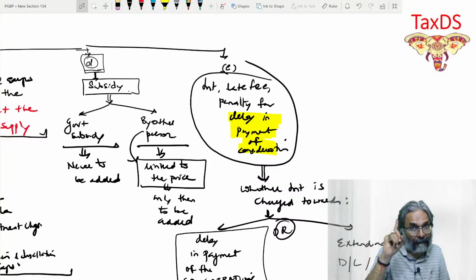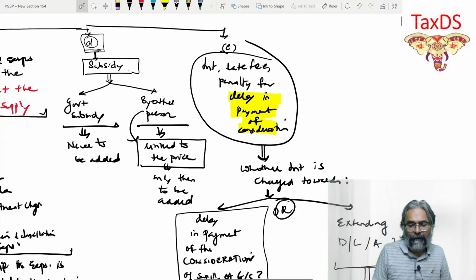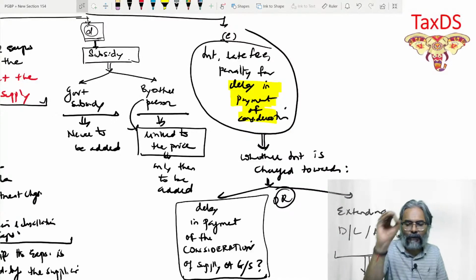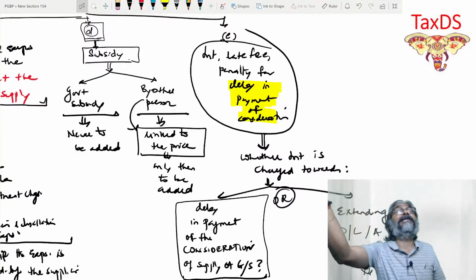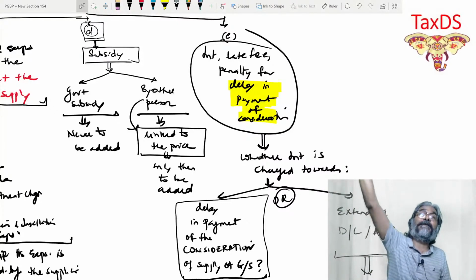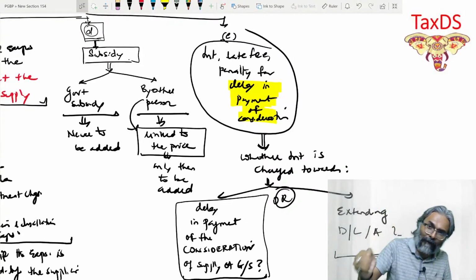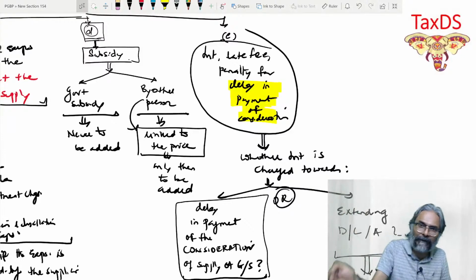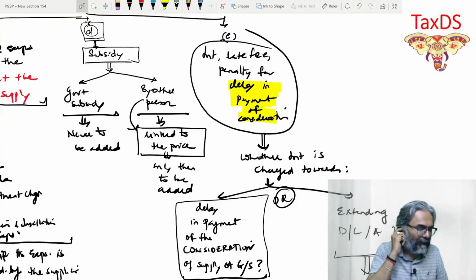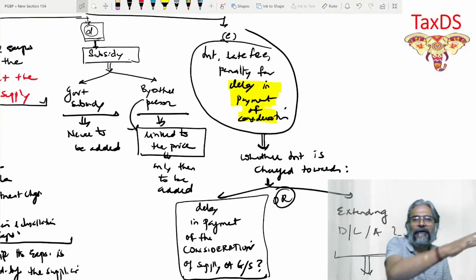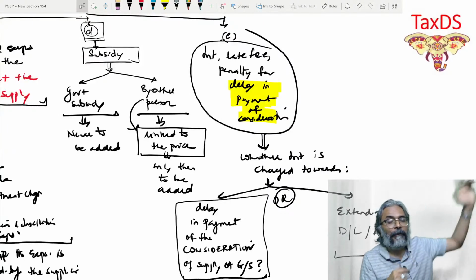So if the interest is charged towards a delay in the payment of consideration for the supply of goods and service, for which interest or late fee has been charged, then the same will be added.